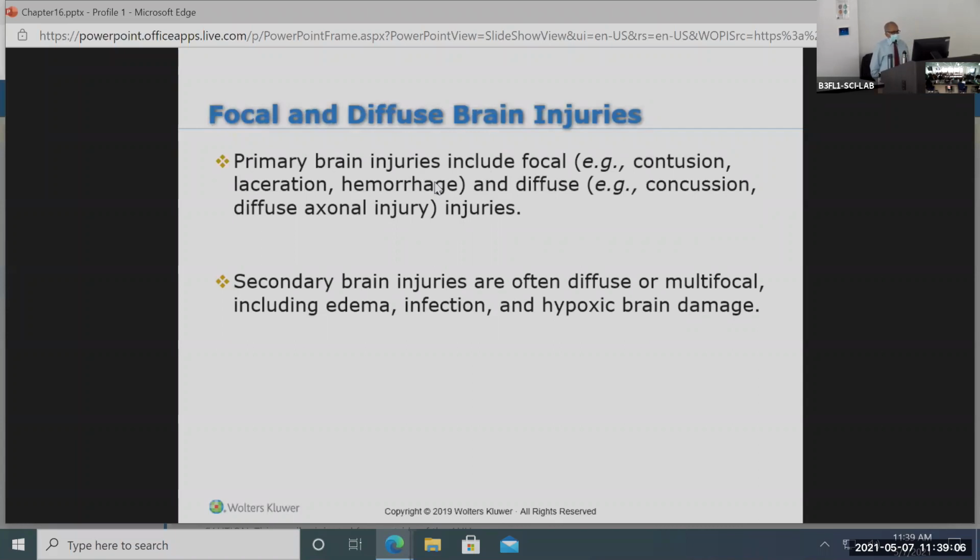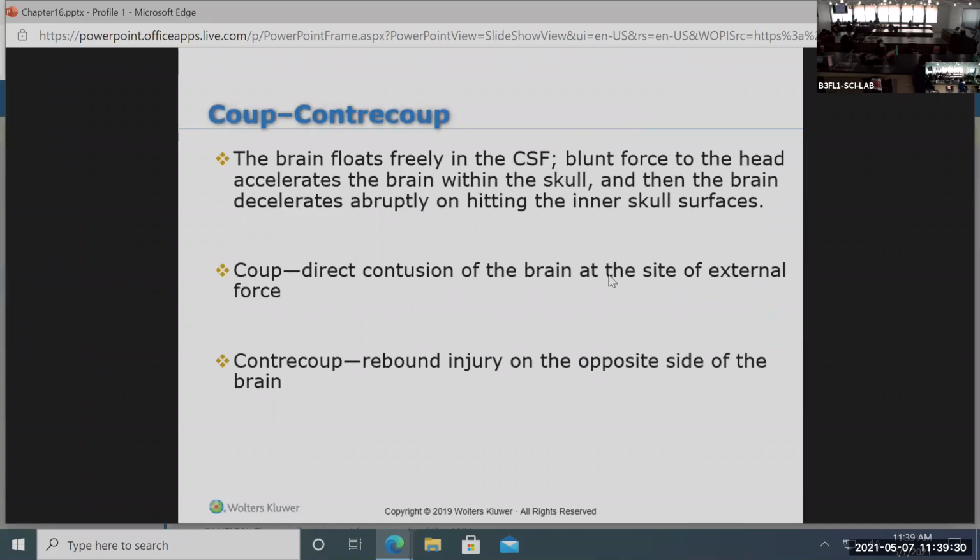Primary brain injuries include focal, like at the site of trauma, we call contusion, laceration, hemorrhage, which we discussed earlier. Secondary is diffuse and may be due to cerebral edema, hypoxia, or infections. Please highlight, it says coup and counter coup.